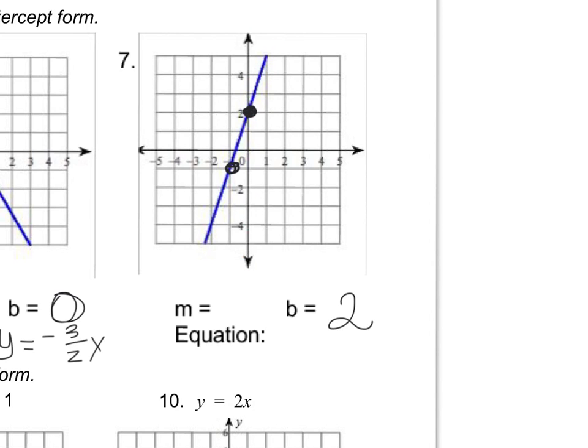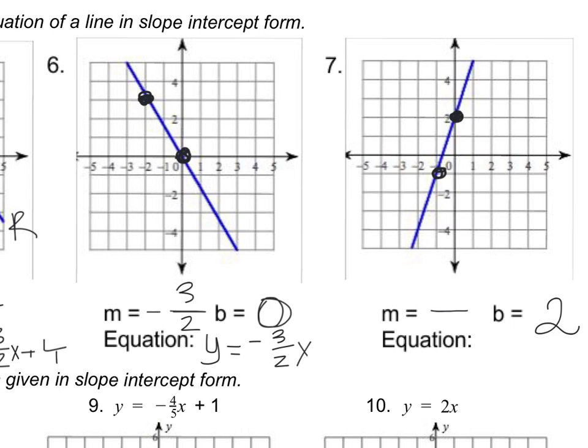Your slope is positive. And take a minute and look. Number 6 and number 7 are opposites. Number 6 is an example of a negative slope going down. Number 7 is an example of a positive slope going up.